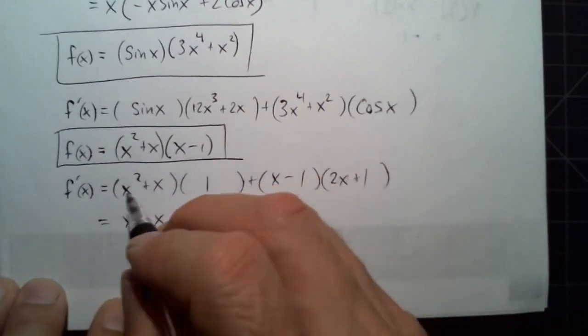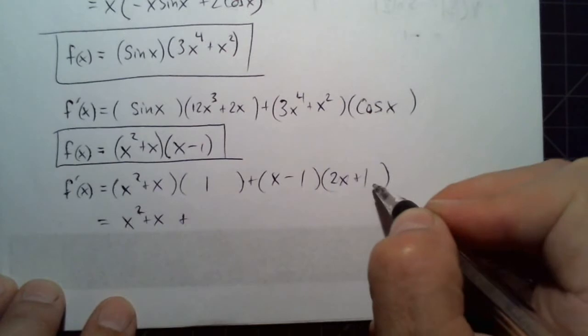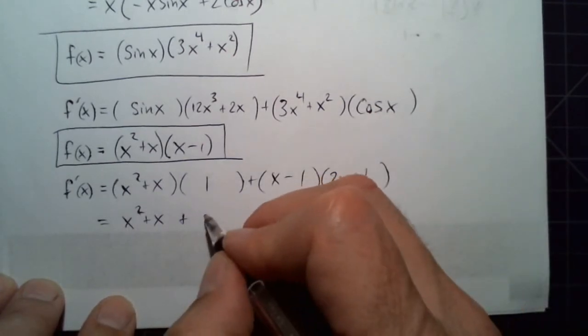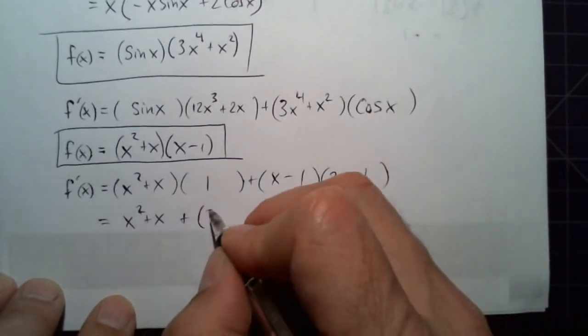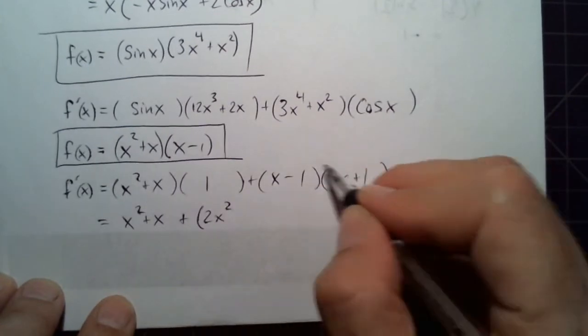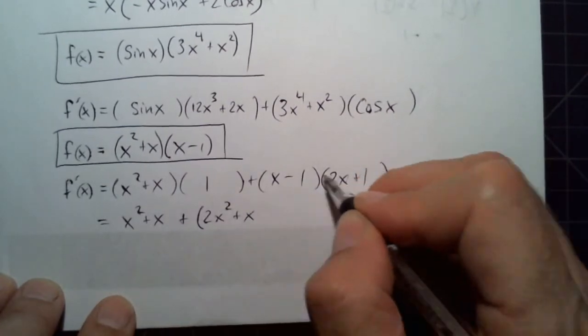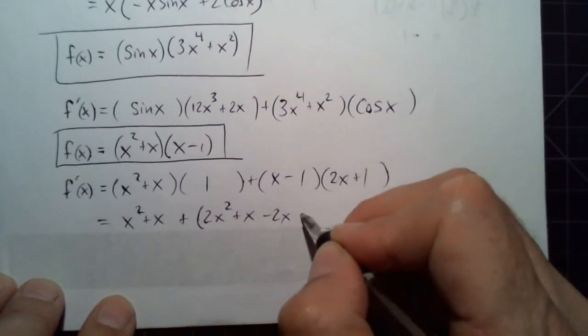And we can just expand all that, multiply that. Here we can distribute this, and we'll have 2x squared and x minus 2x minus 1.